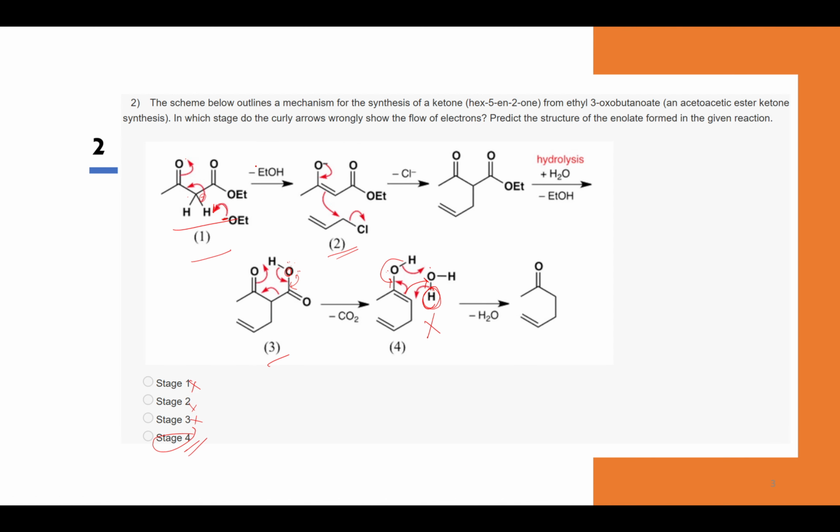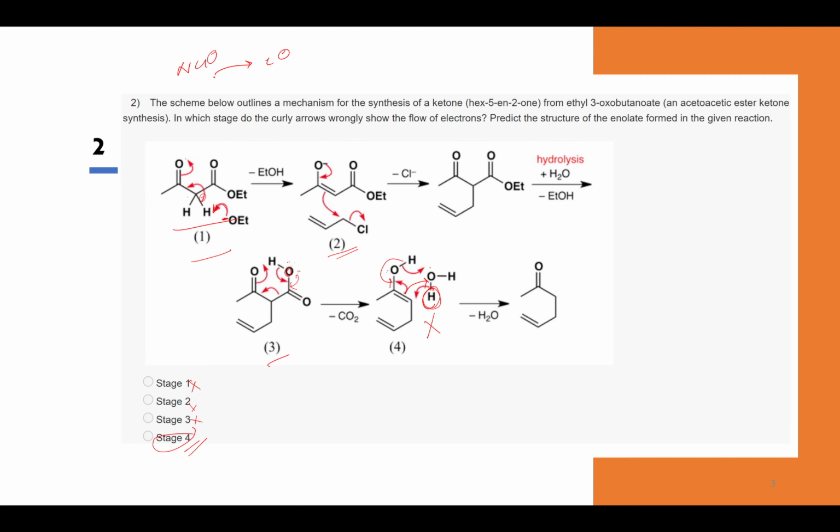Then we discussed question number 2, and we discussed the arrow pushing. The flow of electrons will always be from an electron rich species to an electron deficient one, so we can say nucleophile to electrophile, right? Or we can say electron density will always flow from the higher to the lower side.